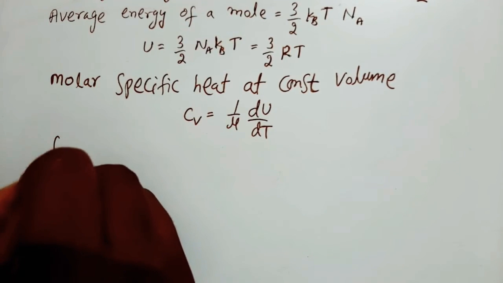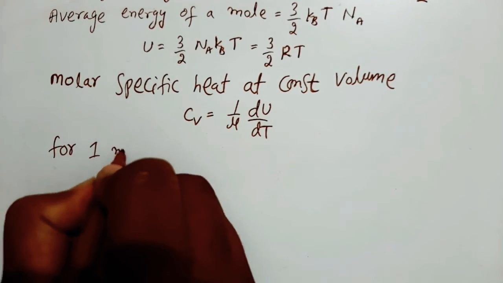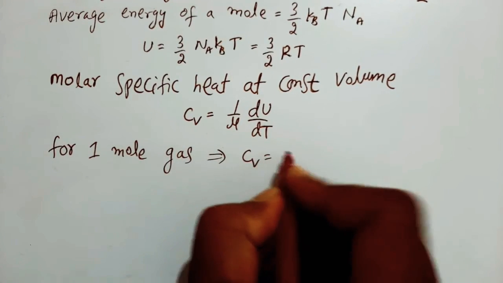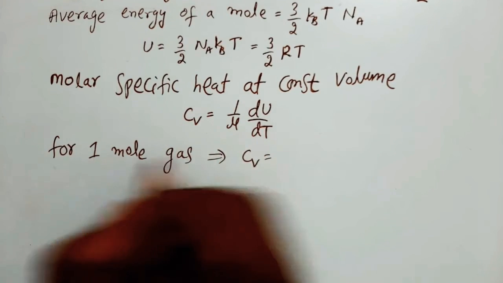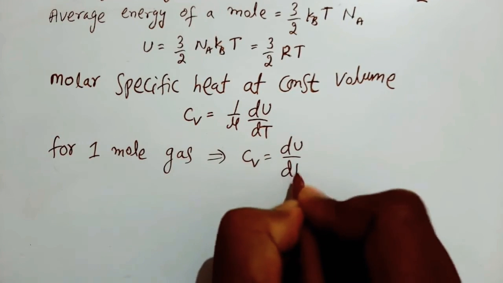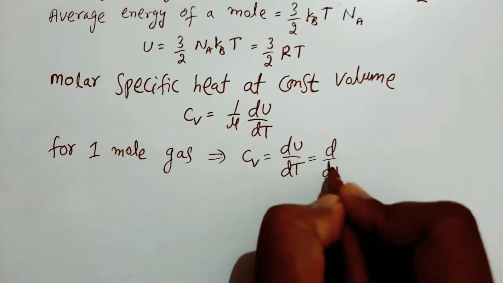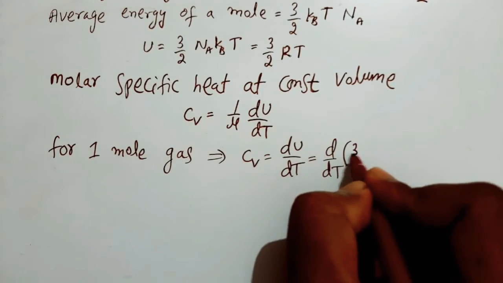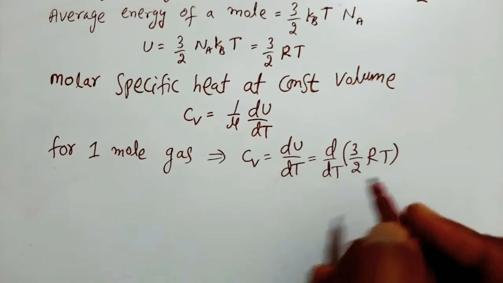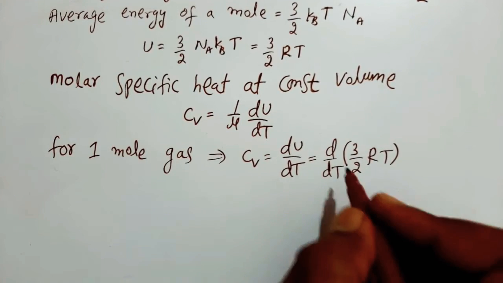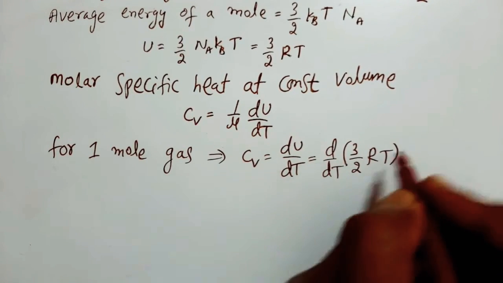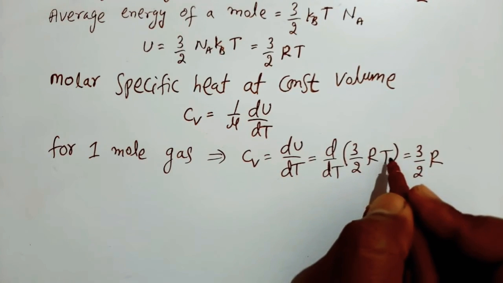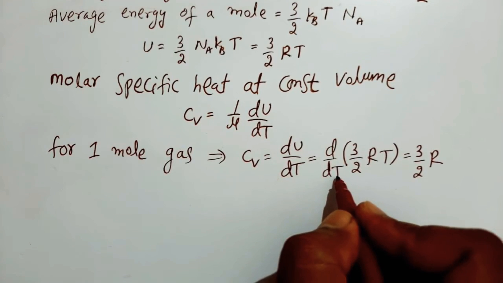For 1 mole of gas, mu is 1, so Cv is equal to dU/dT, that is d/dT of 3/2 RT. Here 3/2 R is constant, so take it outside, and the differentiation of T with respect to temperature is 1.